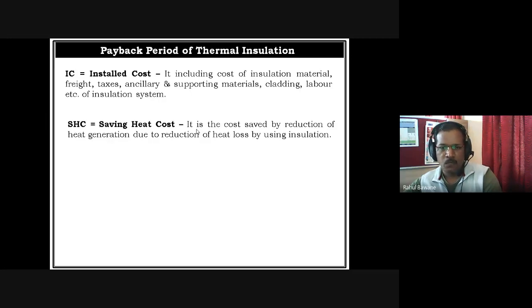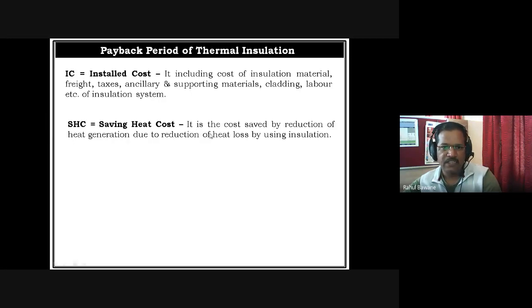Ultimately we require to produce that much less heat for the system, because otherwise it is going to be lost. But now as we restricted it, we require to generate a lesser amount of heat, according to our saving of heat.